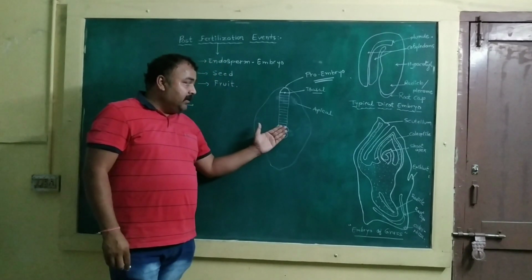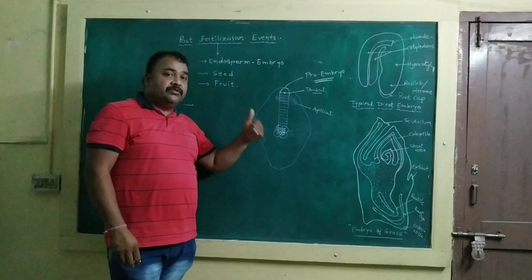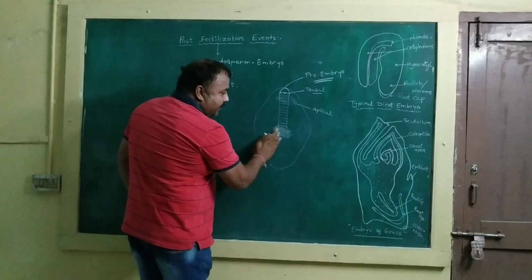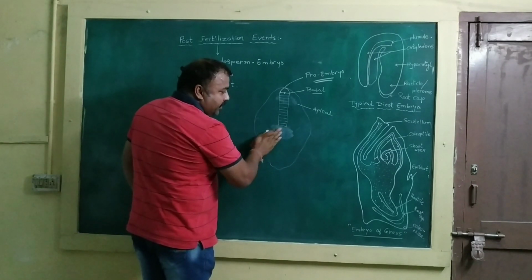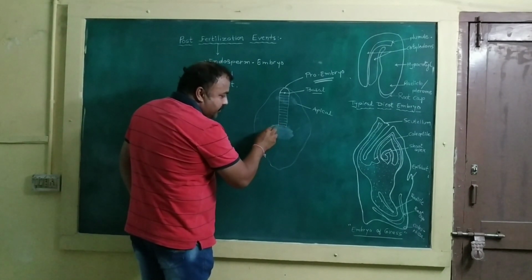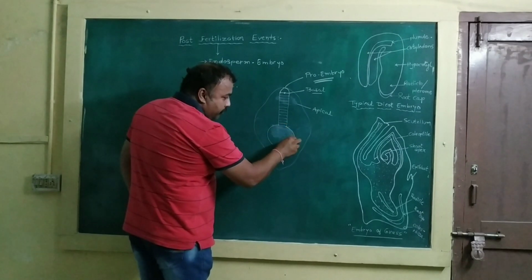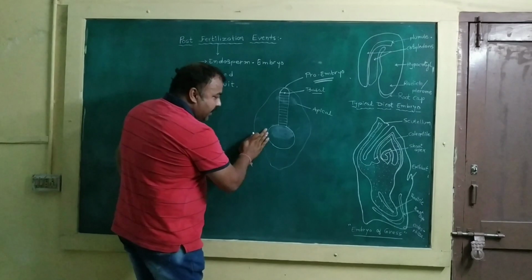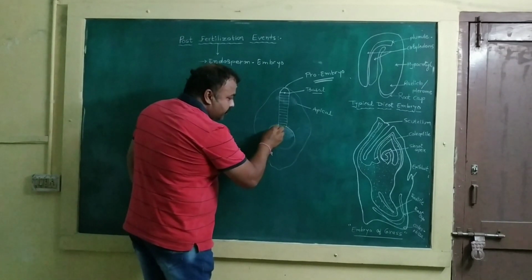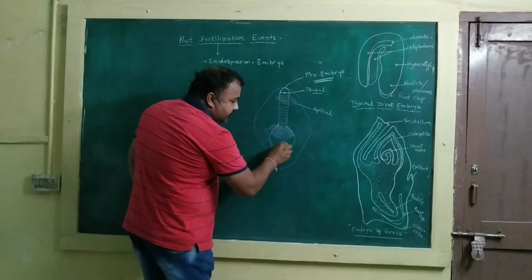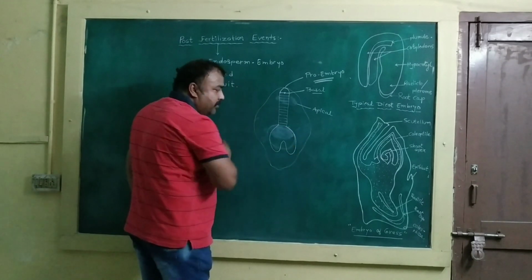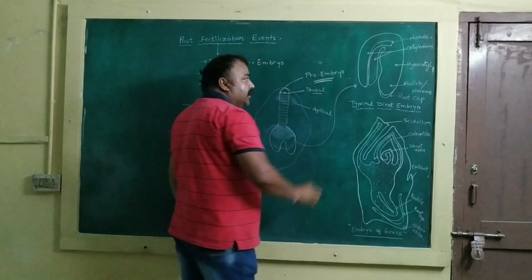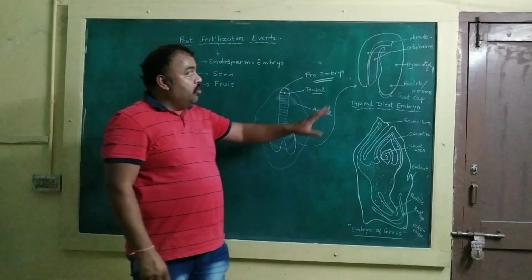That means 8 on the front side, 8 on the back side. And after some time, the development progresses, and then a heart-shaped embryo will be formed, and then a complete developed embryo will be observed.